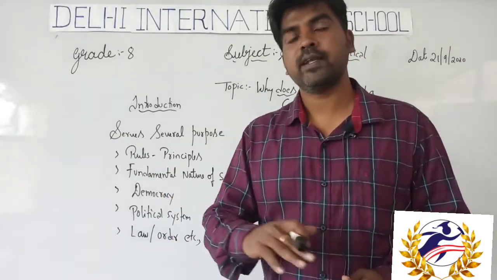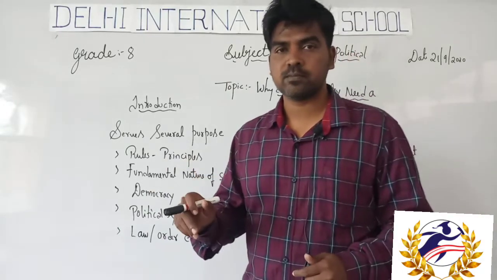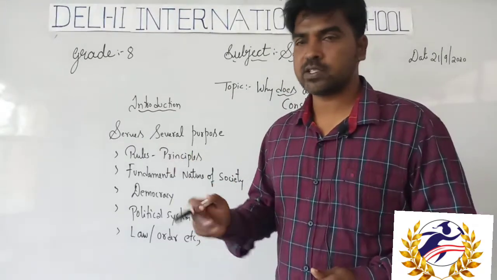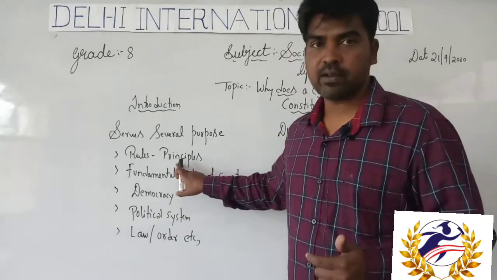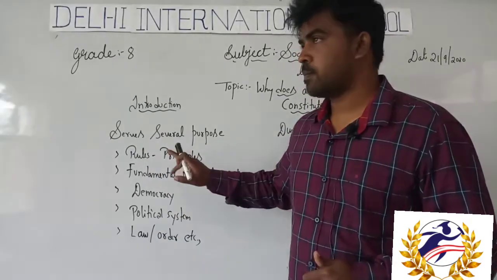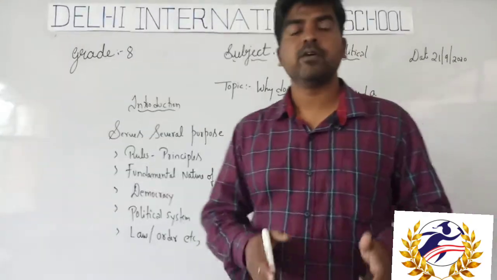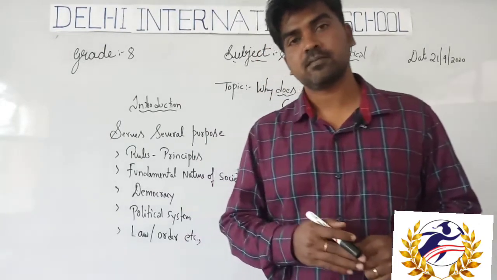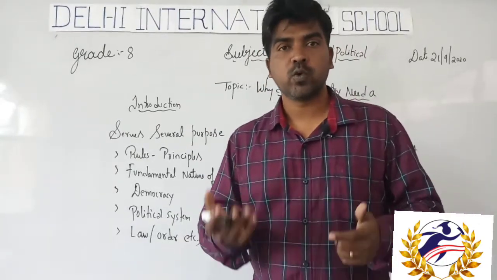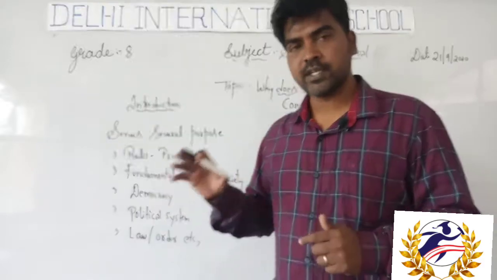Before 18 years it is not possible to vote during elections. So it is also a rule and principle. Another example is traffic rules, roadways rules. It is also a principle.